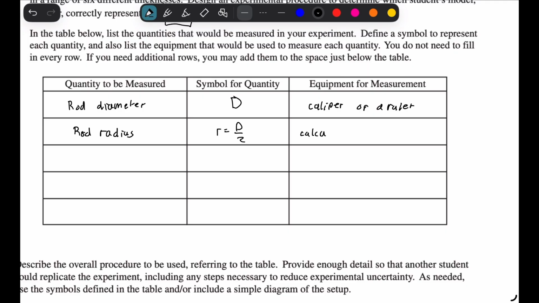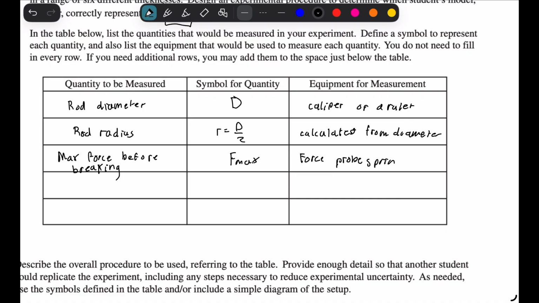So we'll say this is calculated from diameter. We also need to get the maximum force before breaking. This is called F max. We could use a force probe or a spring scale to measure this.